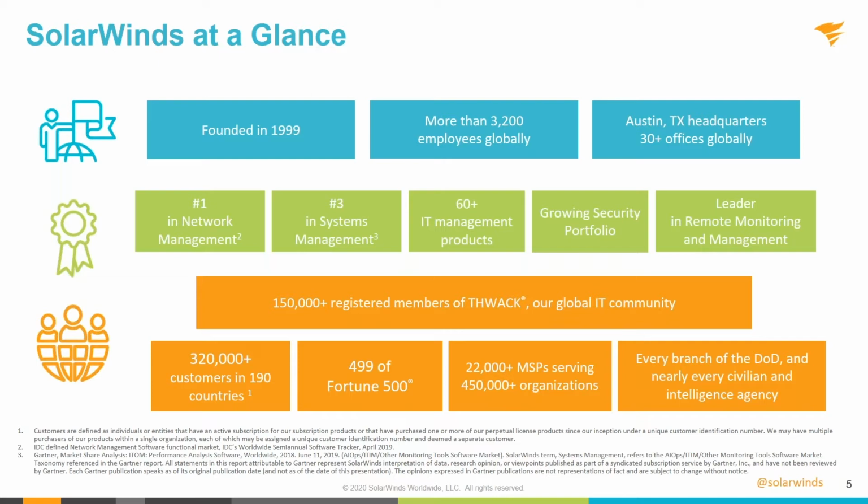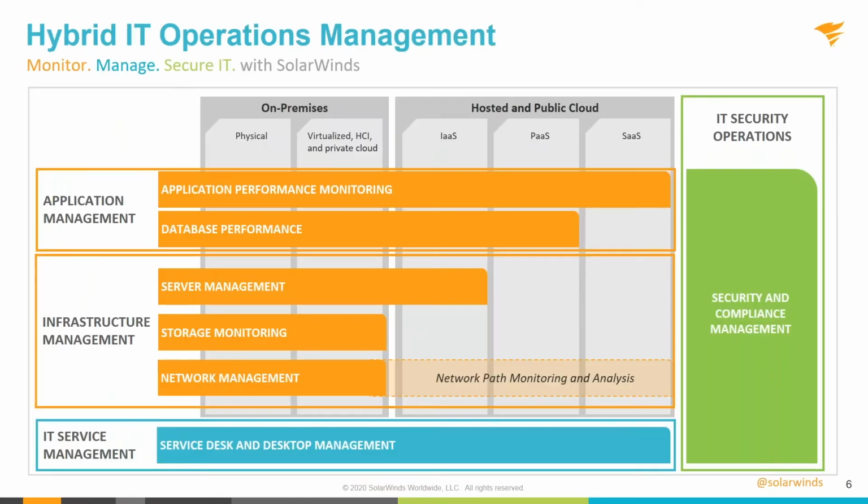We just celebrated last year our 20-year anniversary. A global company headquartered here in Austin with approaching 300,000 customers. We have a very vibrant user community that uses a forum called THWACK, THWACK.com.